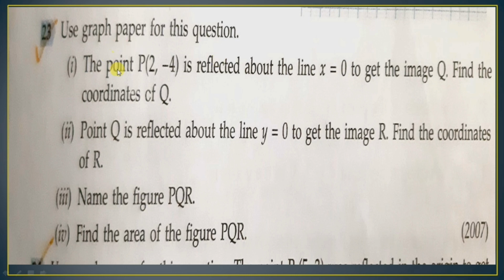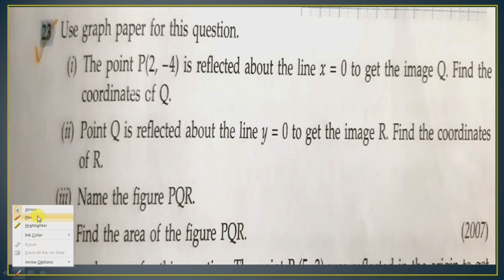That means we need to reflect the point P on the y-axis, and write the coordinates of Q. Now this point Q is reflected about the line y equals 0 to get the image R. Find the coordinates of R. y equals 0 means it's the x-axis. Name the figure PQR, and last question, find the area of figure PQR.